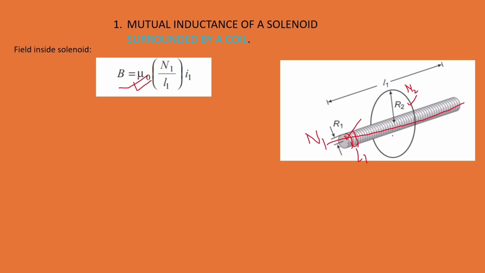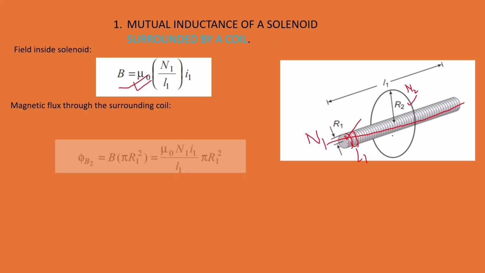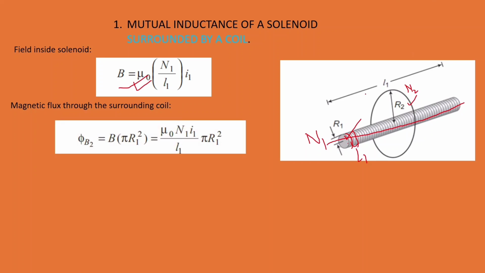So the magnetic flux phi B2 surrounding the coil is the magnetic field B times the cross section pi R1 square. This is the flux flowing through this coil R2 also, because the field will only remain inside this solenoid. Clear?